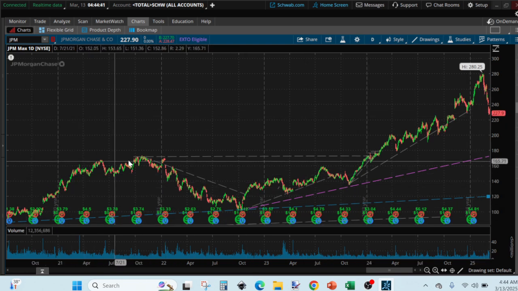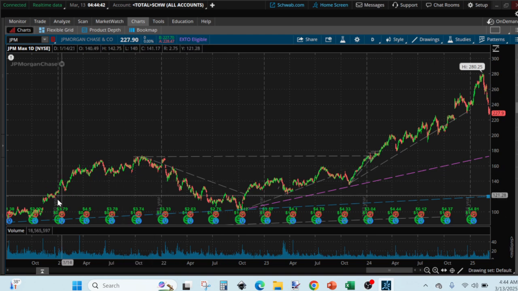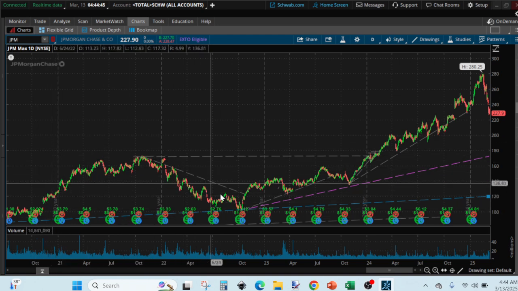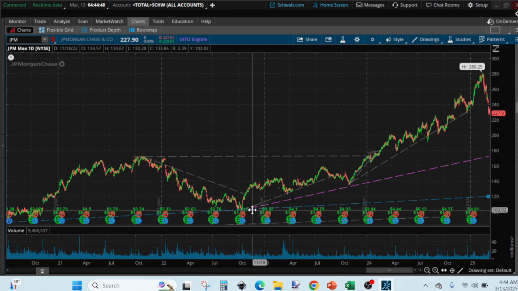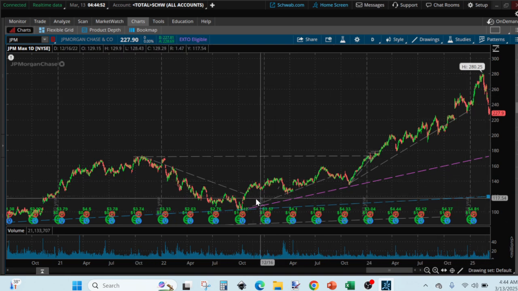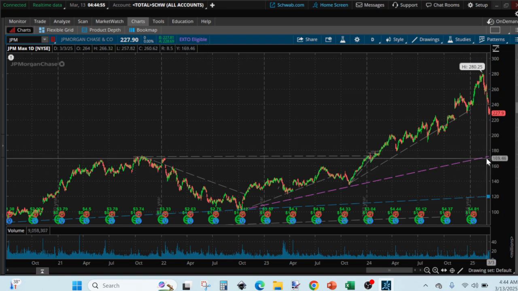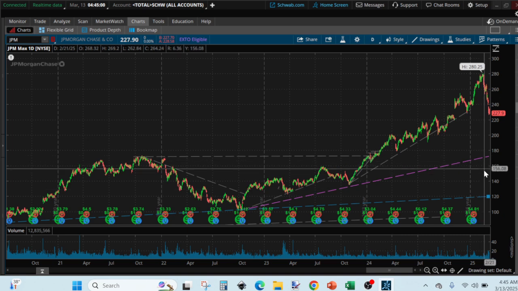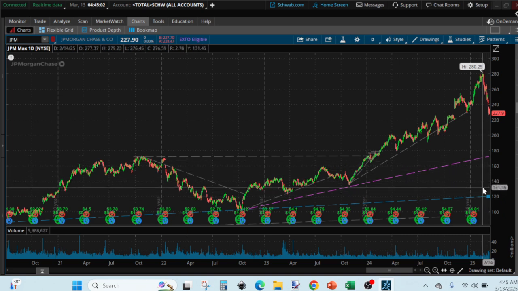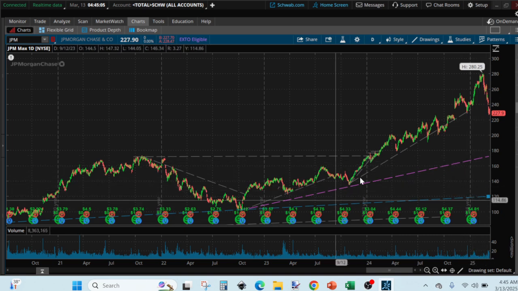And by using the maximum daily chart, we can see that this stock in the past made a wide mountain, and we don't know if it's going to repeat the same thing here or not. So it could touch base with this one line or this one, which will be the next valley of the mountain.